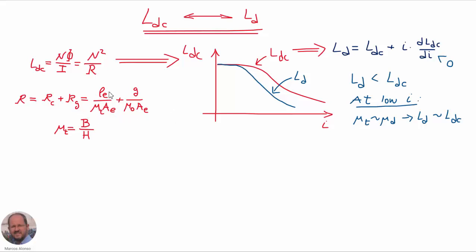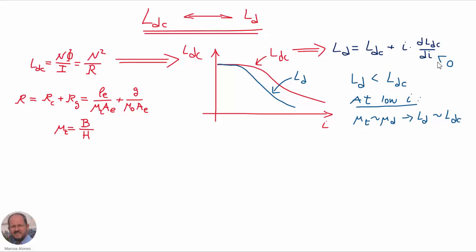The reluctance in the core is obtained by using in this expression the total permeability of the material, which is given by the ratio between the DC level of B and the DC level of H. So from this expression we can obtain this curve here in red that is going to provide the DC inductance of the inductor. And then from this curve we can obtain the differential inductance by using the expression that we have seen before.